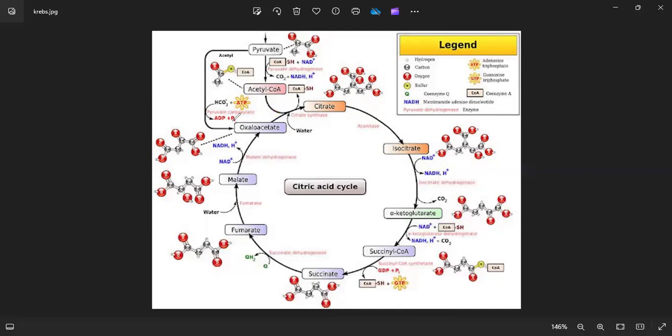So it begins here. Oxaloacetate is the molecule the Krebs cycle starts with. That's right.